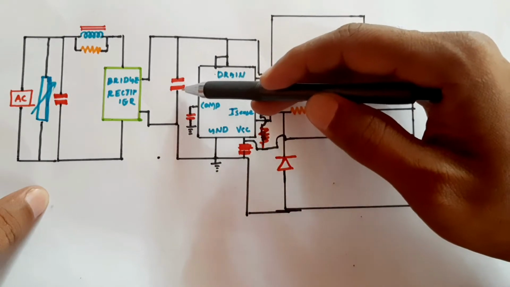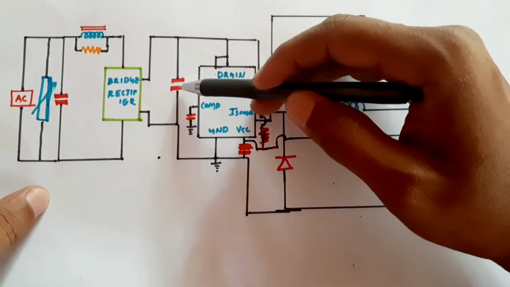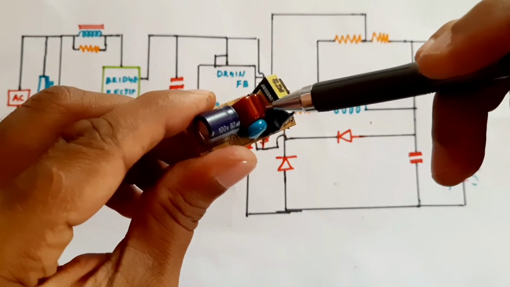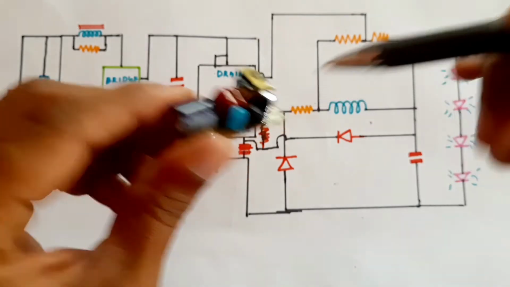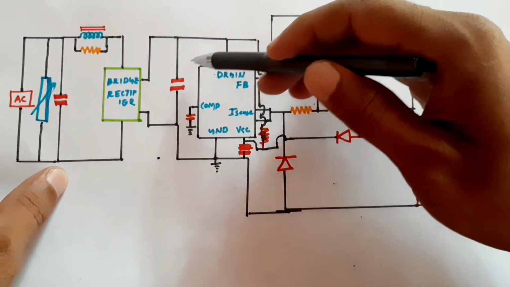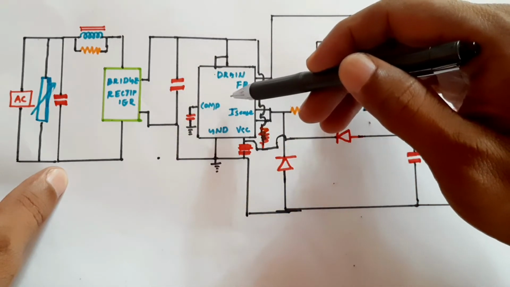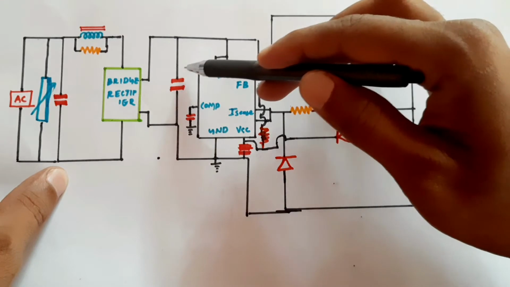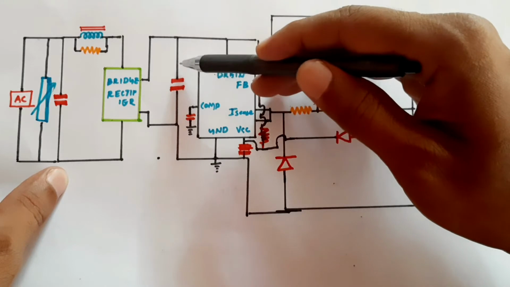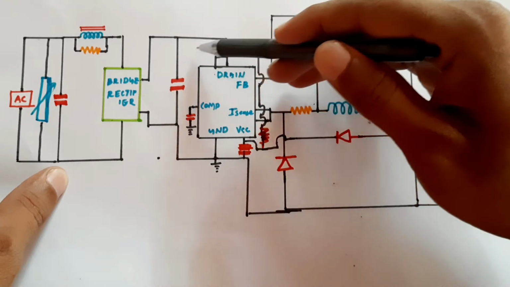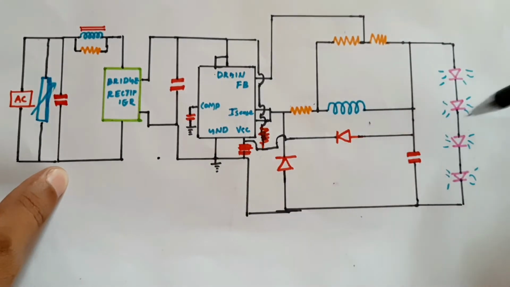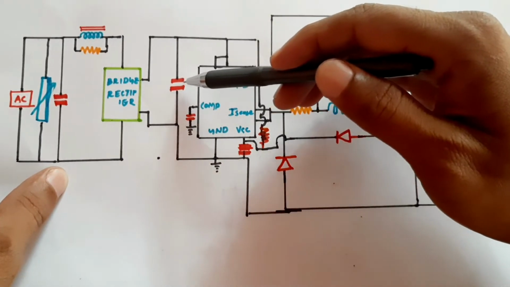If we use an electrolytic capacitor, this capacitor has the property of high inductance and high ESR. At a high frequency, since this is switching at 100 kilohertz, this inductance and the ESR together will not give enough current to this supply.